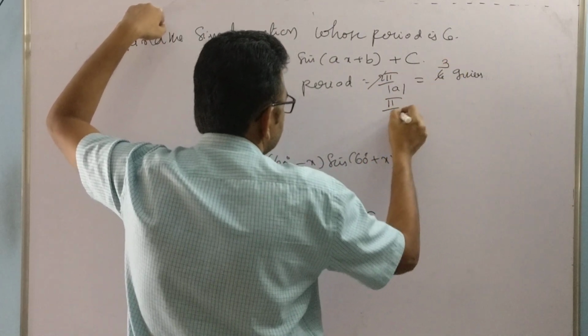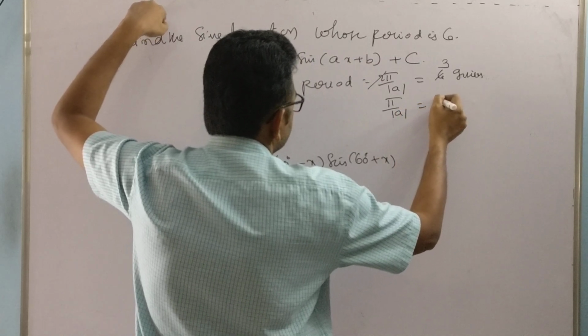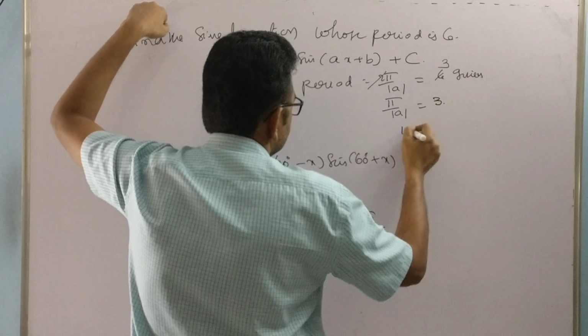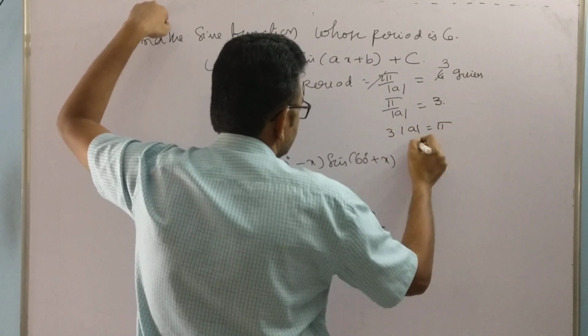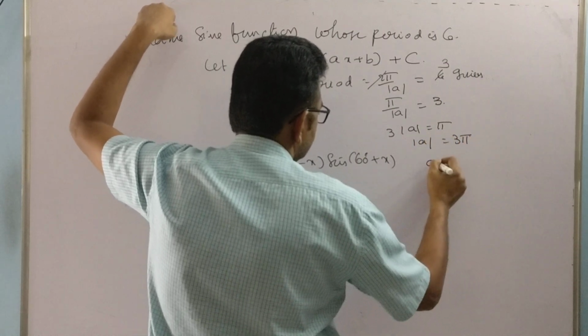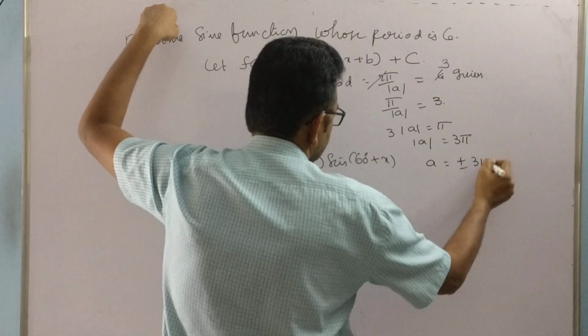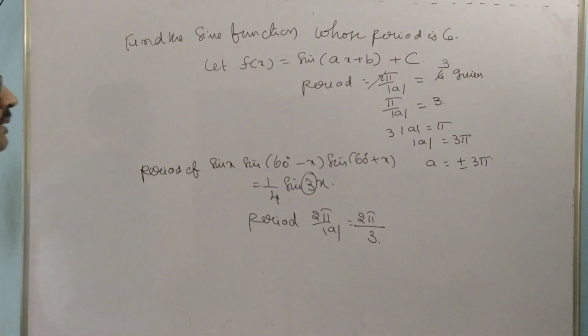Therefore pi by mod a is equal to 3, so 3 into mod a is equal to pi. Mod a is equal to pi by 3. A is equal to plus or minus pi by 3.